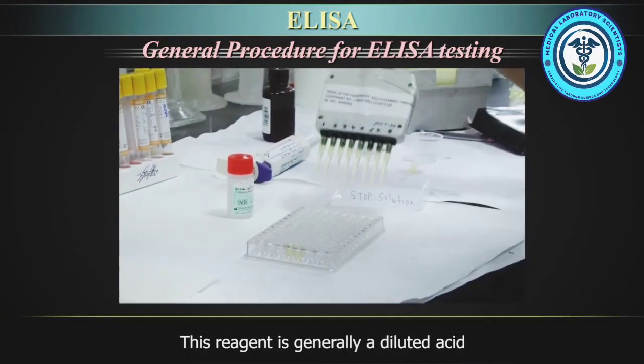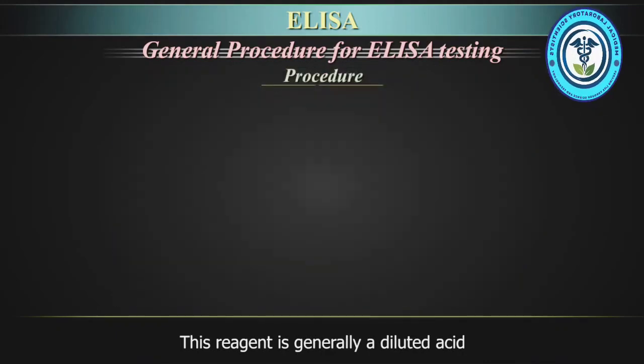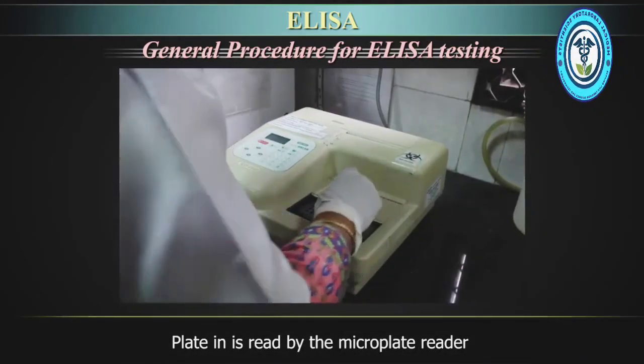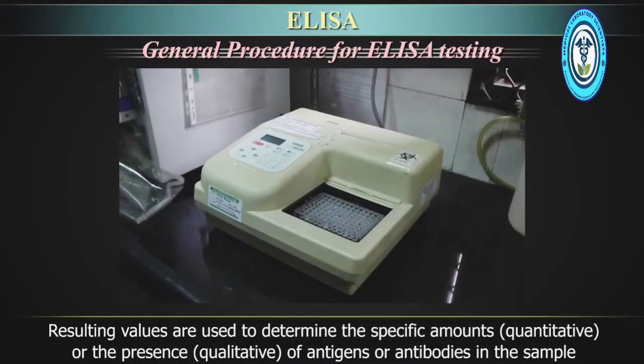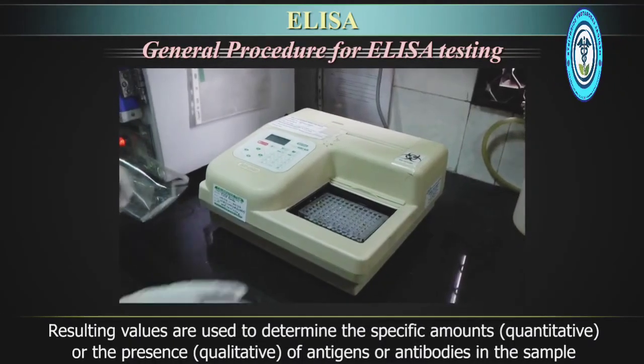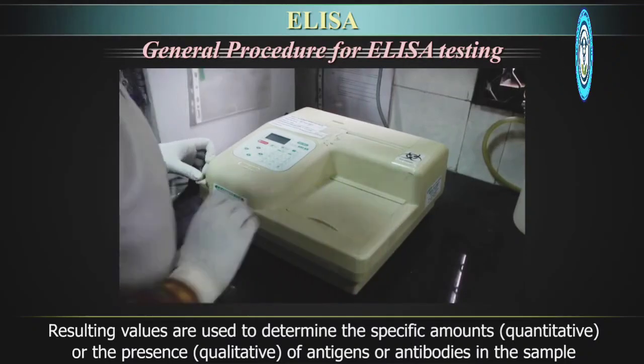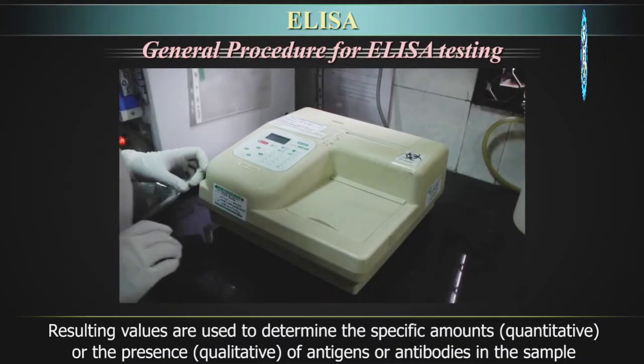This reagent is generally a diluted acid. Finally, the plate is read by the microplate reader. The resulting values are used to determine the specific amounts, that is quantitative, or the presence, that is qualitative, of antigens or antibodies in the sample.